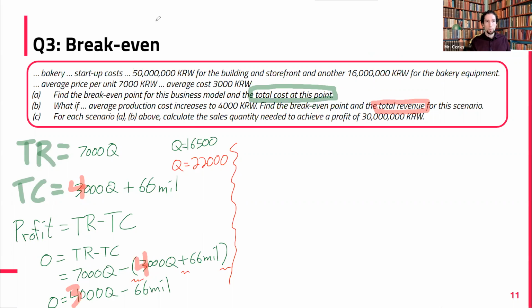We just take those numbers and we solve them, sub them back in. So 7,000 times this thing would give us the total revenue. Or it's a break-even point. So at the break-even point, total revenue equals total cost. So we could have substituted our Q value back into either one of these equations and still gotten the exact same number because it's the break-even point.